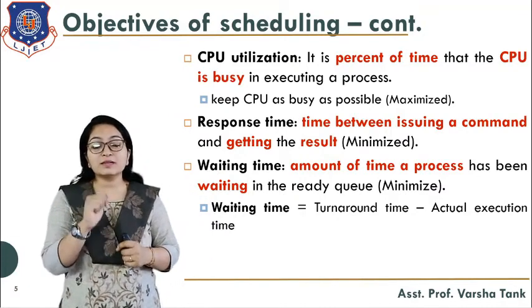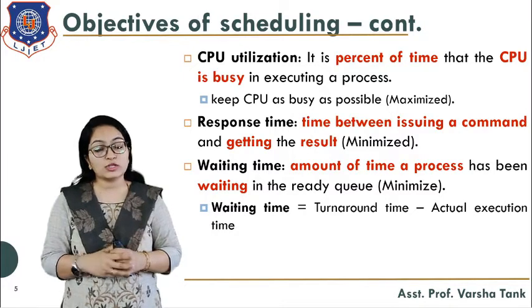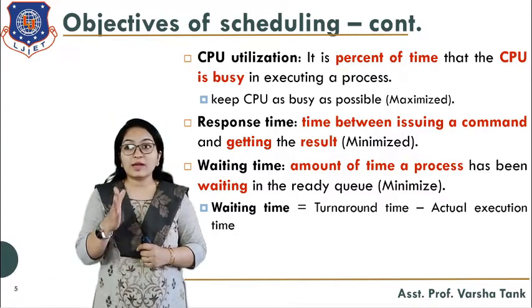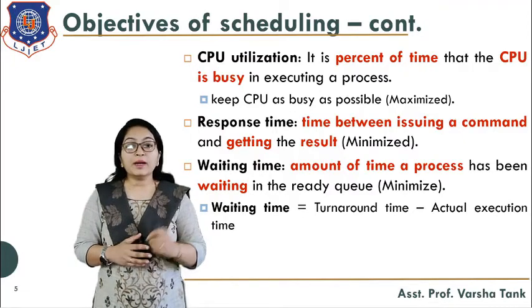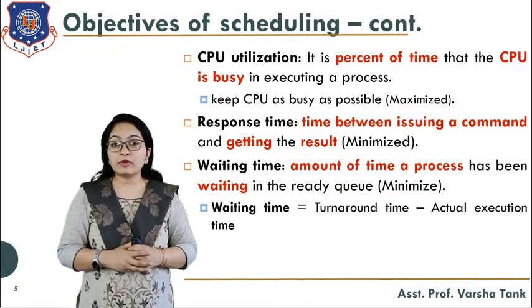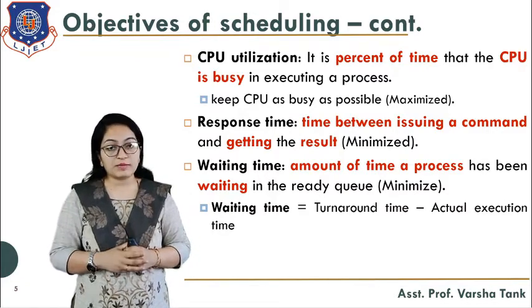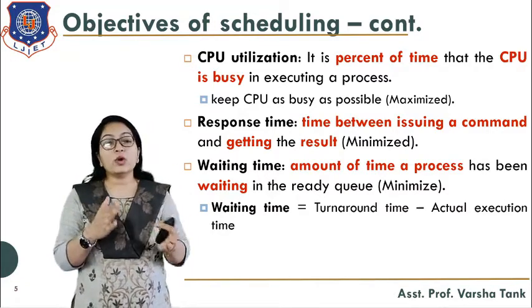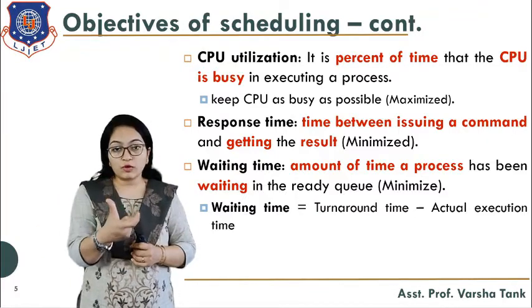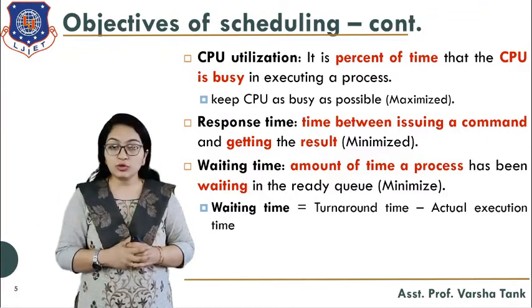When the process gets its first chance for execution, that is the response time. For example, a process arrived at time 3, but it gets the CPU at time 7. So what will be the response time of that process? It is time 7, and you have to subtract the arrival time from it. So for that particular time, the process has to wait.